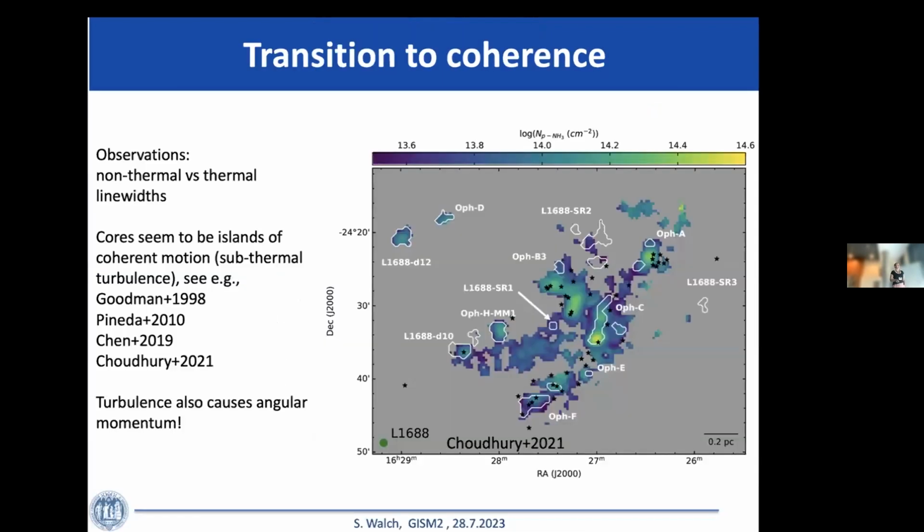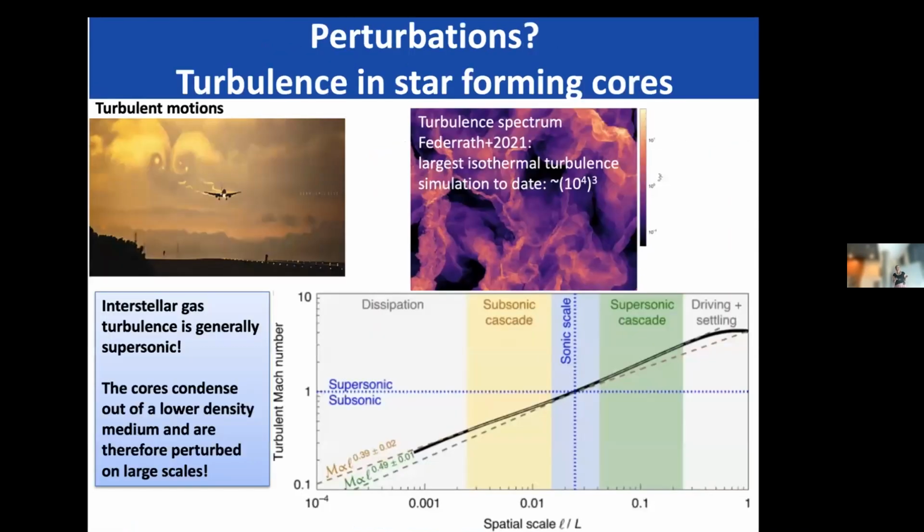Okay, having said this, there is one more thing I want to talk about before we make a short break. Now this is not a result from simulations, because otherwise you would have to think about whether it's right or not. But this is from observations. So it seems that cores are objects which are forming right around where you transit from the supersonic to the subsonic scale.